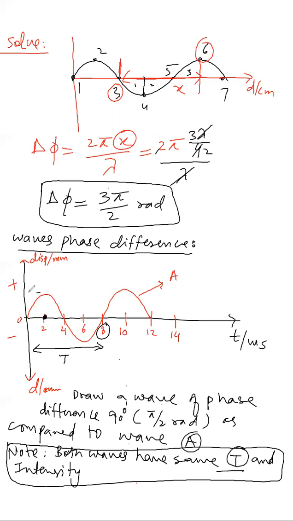It means I have to draw it to the same level, and I need to keep the time period same. So for first wave, time period is 8, and half of the time period, our time period for crest is 4 seconds. So I will draw the first crest like this, and then for trough like this, and then again for crest it would be like this, and from here you can extend it like this.